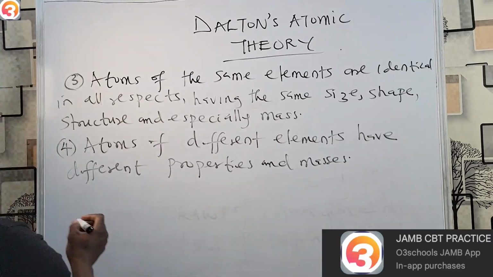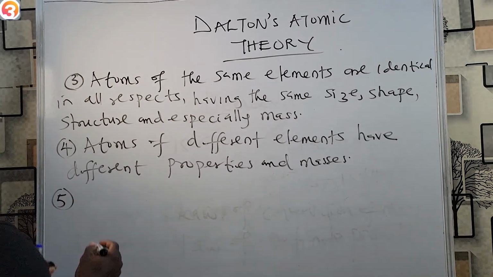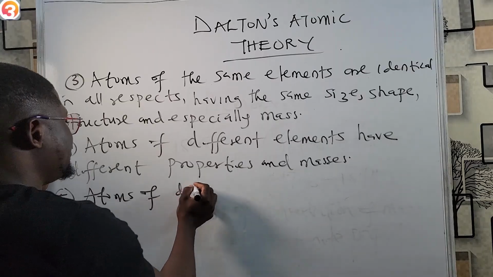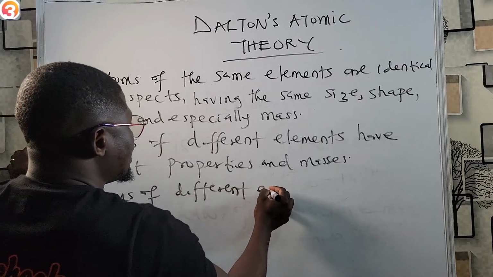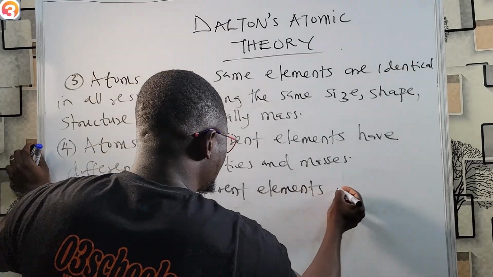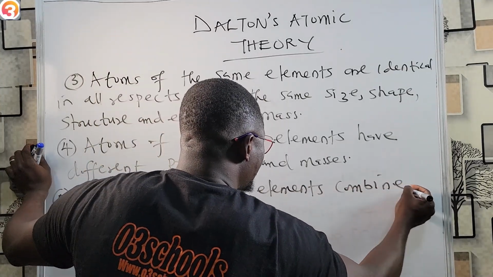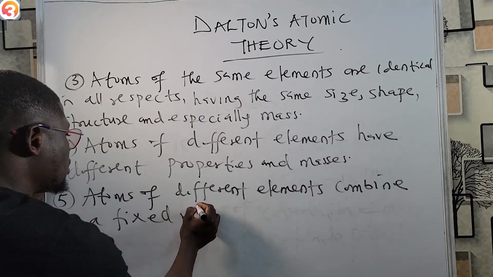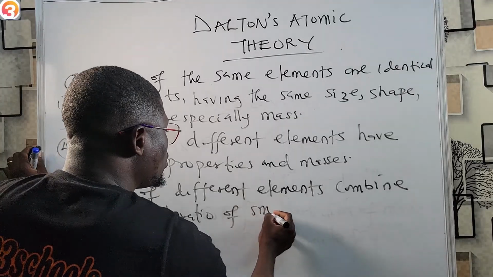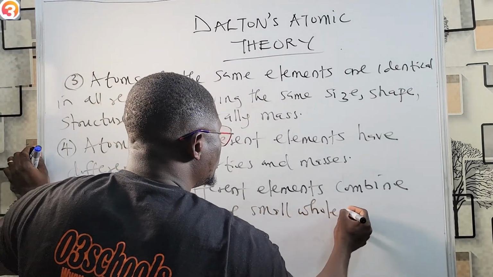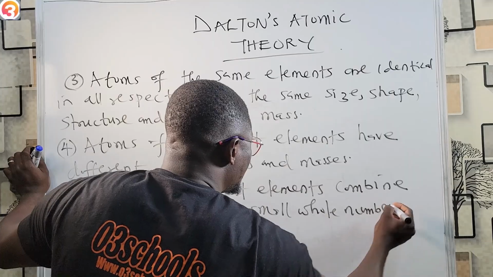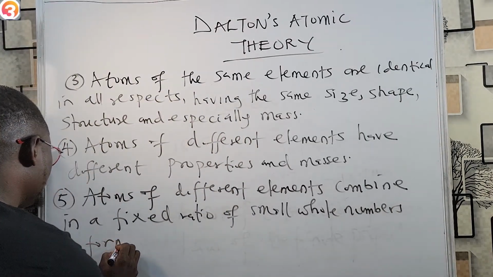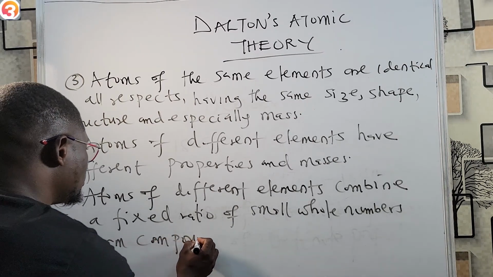All right, so now we'll go to the fifth postulate, which said atoms of different elements combine in a fixed ratio of small whole numbers to form compounds.